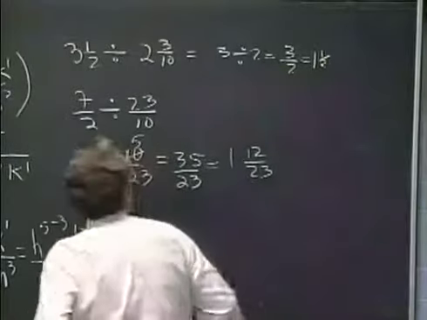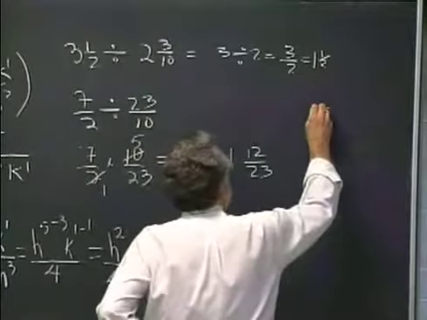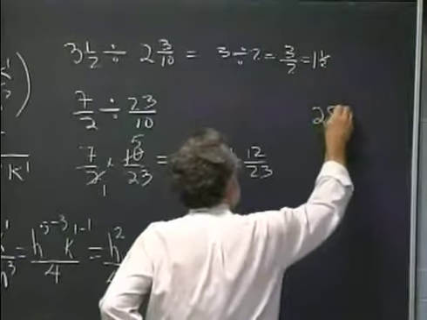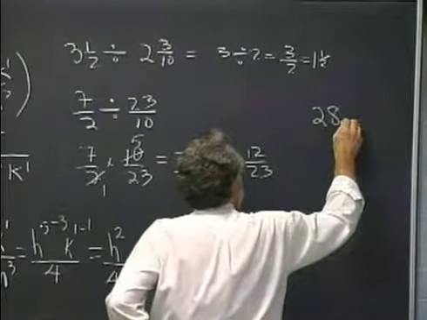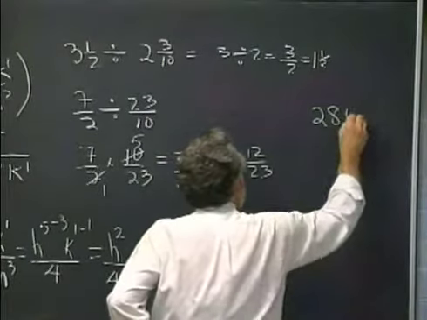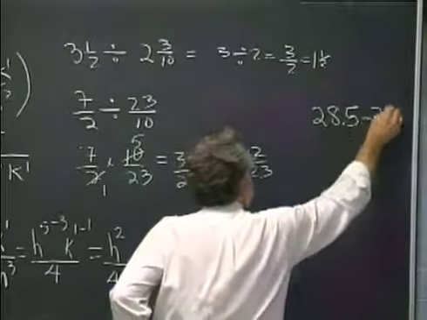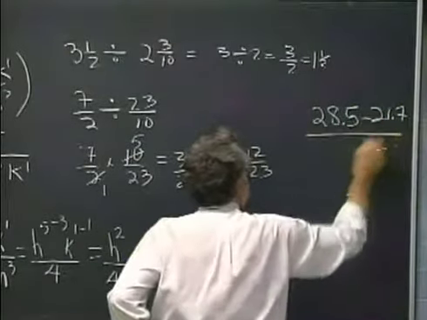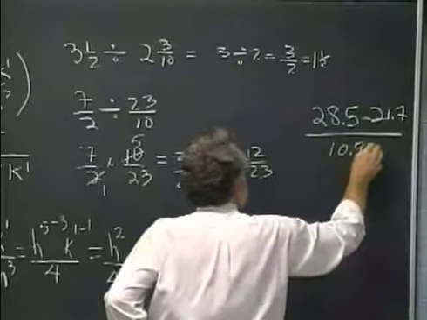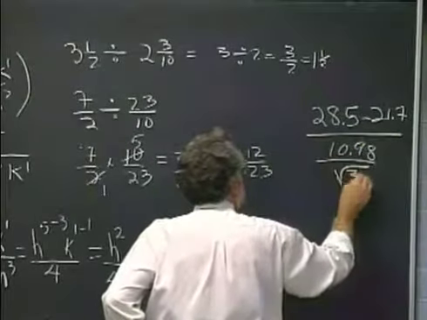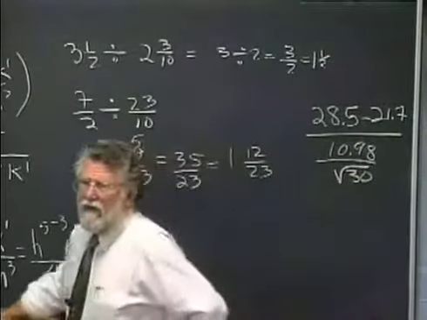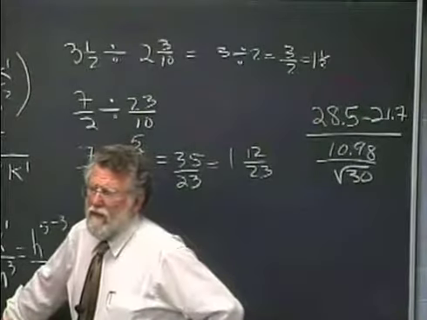As in a problem that we did this morning in class, we had a 28, and it was 28.5, I guess, rounding off, and I had a 21.7, and I had it over a 10.98 over the square root of 30. Okay, now that was just a calculation we had to do.